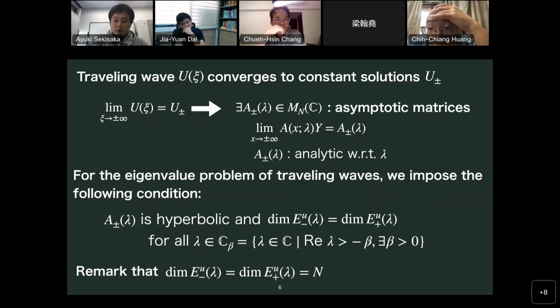In particular, beta is 0, so the right half plane. If an eigenvalue exists in the right half plane, the traveling wave is unstable. So we consider such a domain C beta, and we assume that for all lambda in C beta, A plus minus lambda is hyperbolic, and the dimensions of the unstable subspaces are equal.